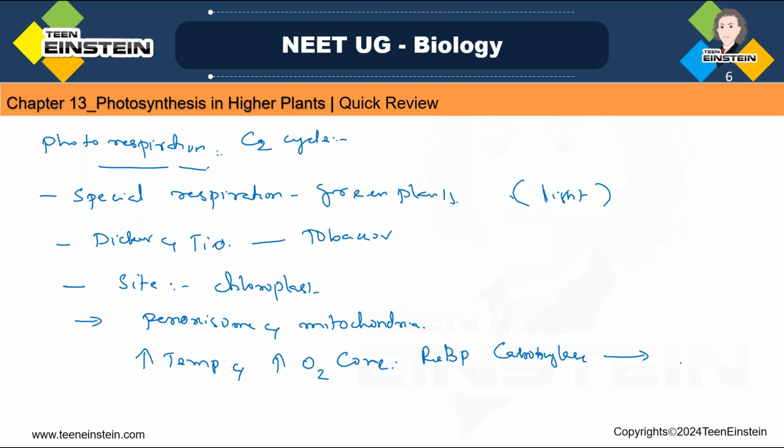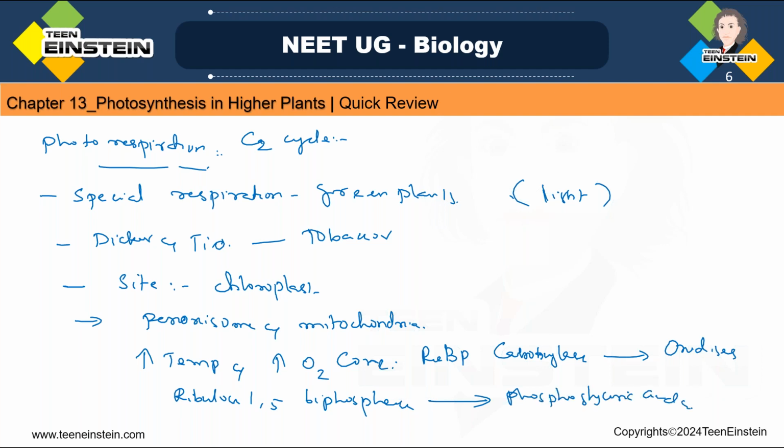Instead of that, it oxidizes ribulose 1,5 biphosphate to produce phosphoglyceric acid and phosphoglycolate.